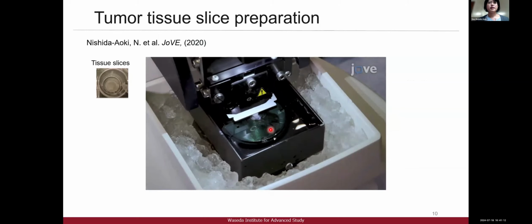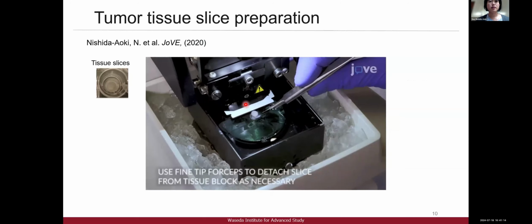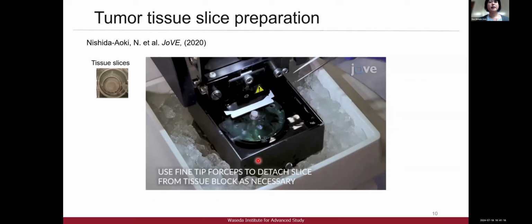Using the vibratome, tissues are located at the center on the stage and soaked in the ice cold buffer. And using this machine called vibratome, the tissues are sliced into 215 micrometer thickness. And these slices are collected and further cultured in the lab.